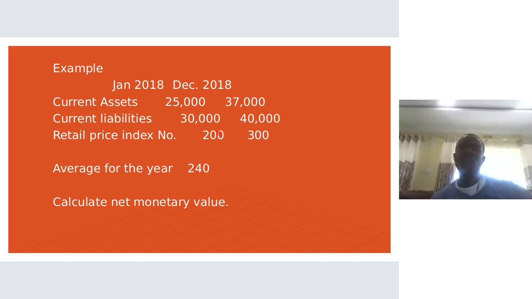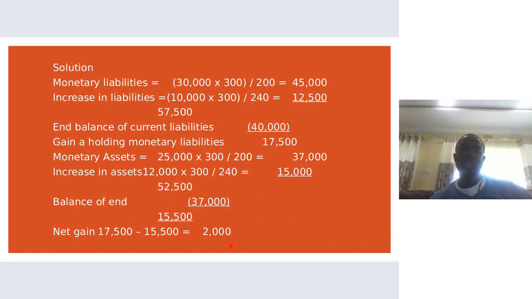So you cannot use the price index for January. That is why we have to use the average price index, which is 240. So if you use that 10,000 times 300 divided by 240, that will give you 12,500.